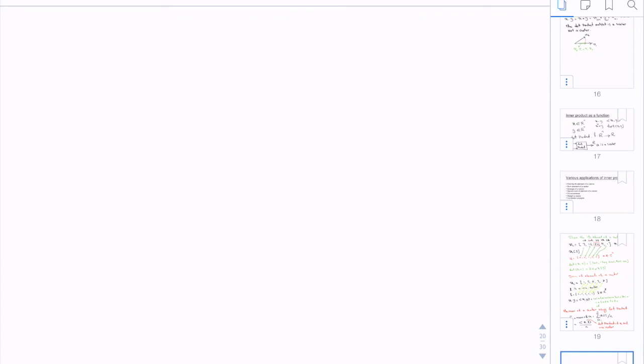So here I want to compute the sum of squared elements of a vector.